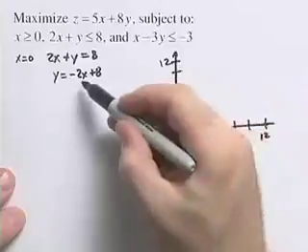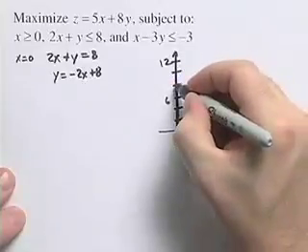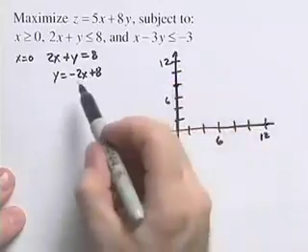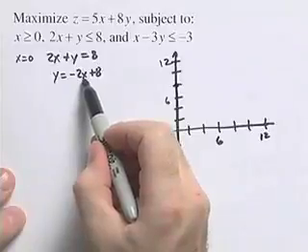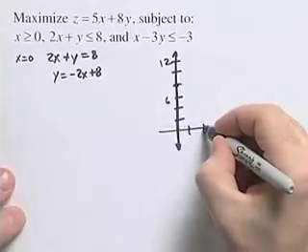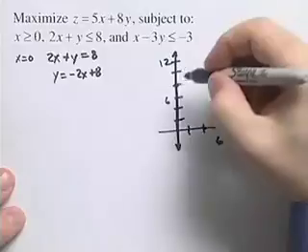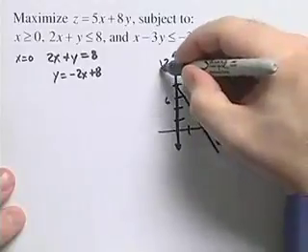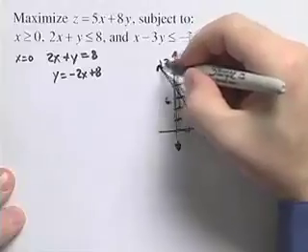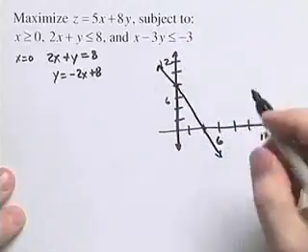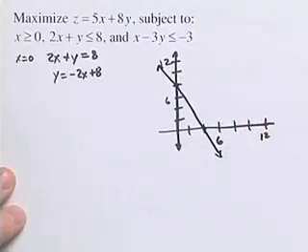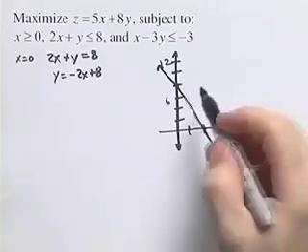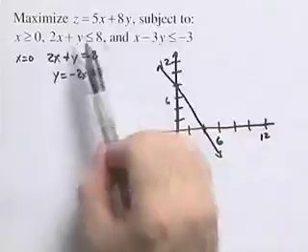Pick a couple of points. If we let x equal 0, we'll get y is equal to 8. If we let x equal 4, y will equal 0. Connect those 2 points. And we're going to need to shade the half plane that satisfies this inequality.